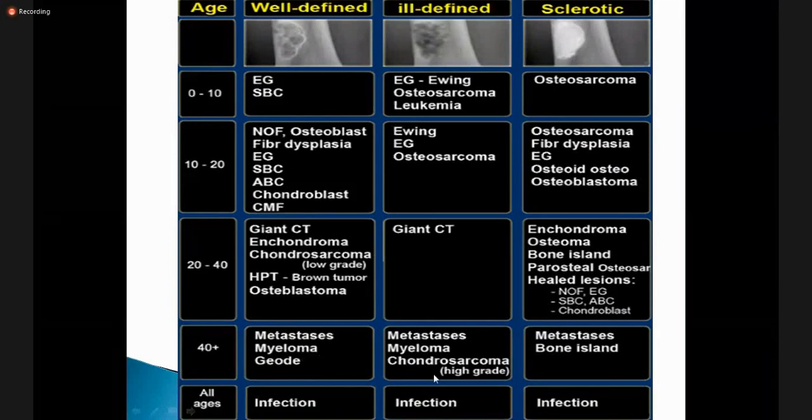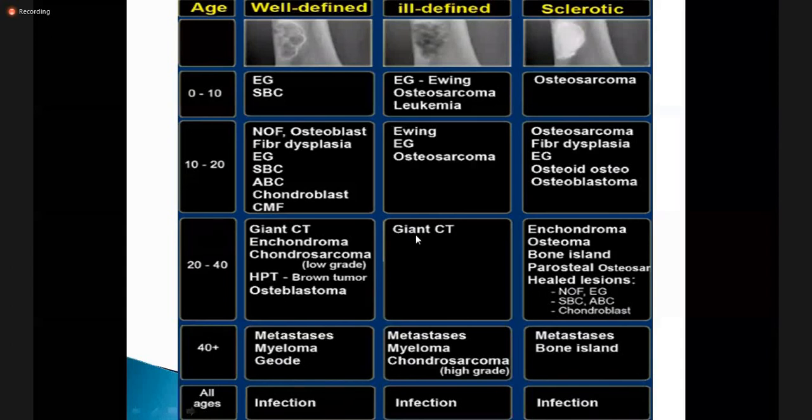Metastasis and myeloma, as lytic lesions, have a variable picture. They may be well defined, they may be ill defined, they may show geographic bone destruction, they may be moth-eaten, depending on their variable course. With ill-defined margin, Ewing sarcoma and osteosarcoma are the most common.